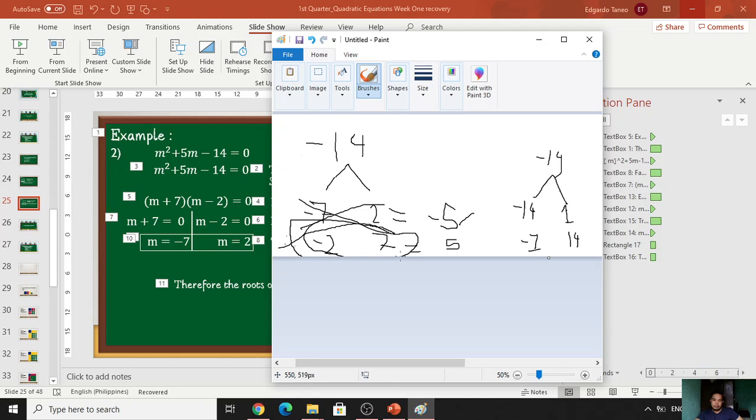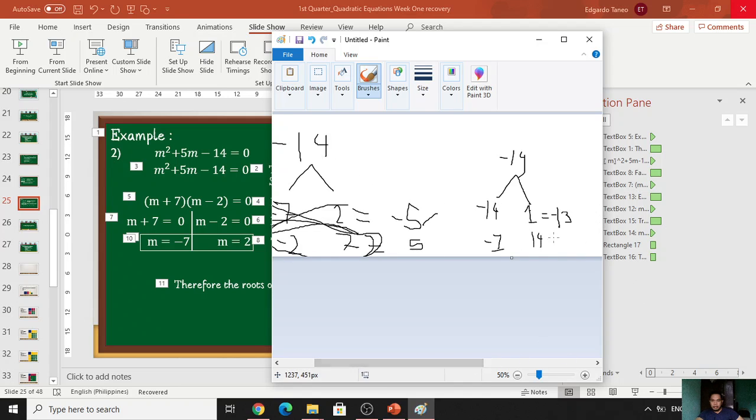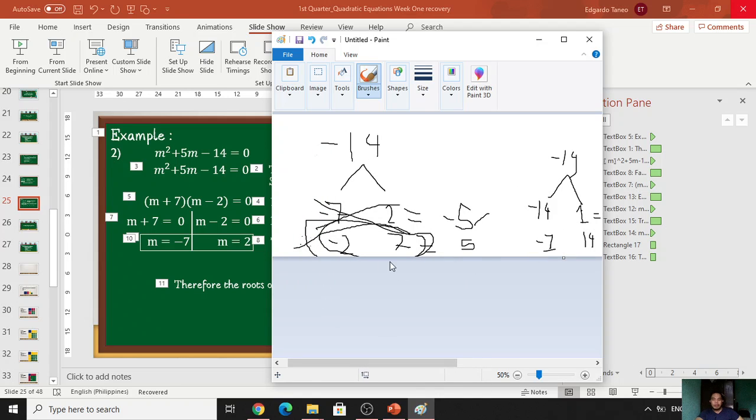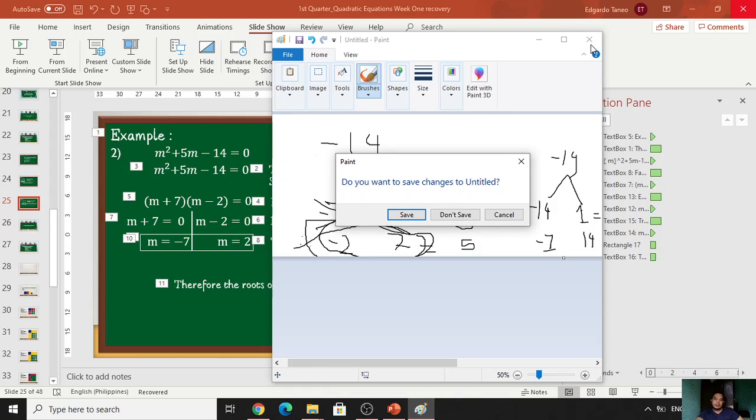Sorry, medyo magulo. Negative 2 and positive 7. Then ito, hindi natin pwedeng gamitin since this will give us negative 13. And ito rin, hindi natin pwedeng gamitin since it will give us positive 13, wherein ang hanap natin is positive 5. So it means ang gagamitin natin factors are negative 2 and positive 7. Okay?